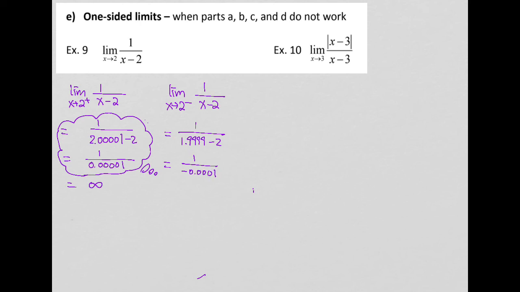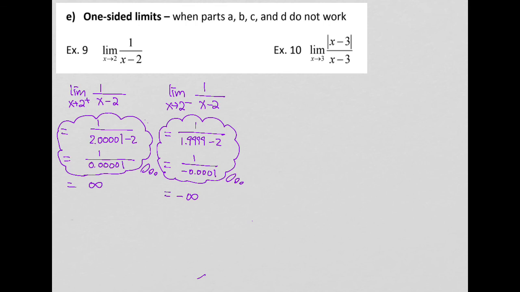So as I get closer and closer to 2 on the left-hand side, I'm going to have more zeros in front of the 1. That means I'm going to get negative 0.000001. So if I do 1 divided by a very, very small negative number, I'm going to get negative infinity. Once again, those two steps are what you have in mind, but you don't really write it down.